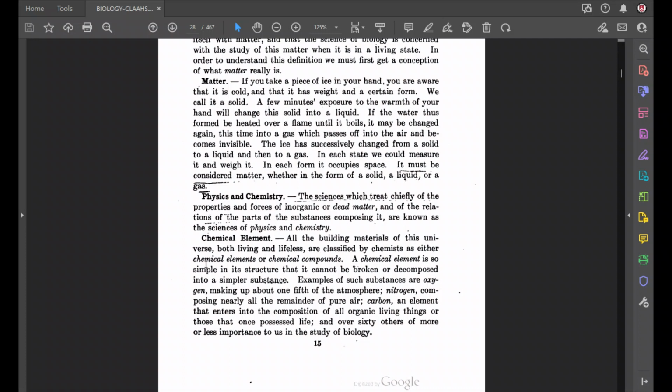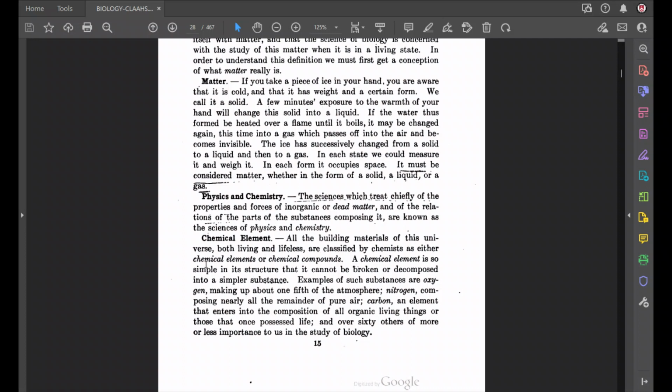And we named a small number of chemical elements. We talked about oxygen, carbon, nitrogen, and we could go on. These include metals, for example, gold, silver, iron, lead, and others. Those are all elements. Gases, hydrogen, nitrogen, oxygen are elements.